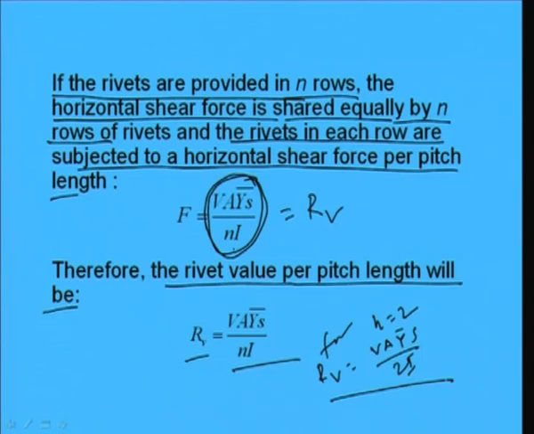Now, we know for a particular diameter of rivet what the rivet value is, and the value whatever is coming here we know. So, from that we can find out whether the rivet we have provided with a particular pitch and with a particular number is safe or not.